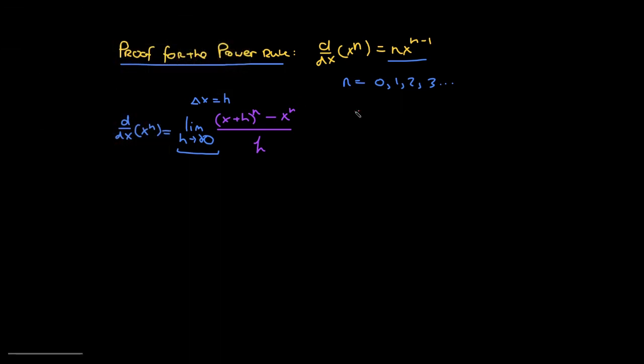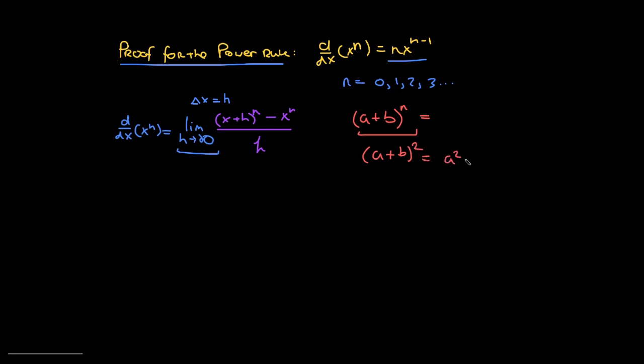The binomial theorem is a way to systematically expand things like this, where you have two terms added or subtracted raised to some n power. You can do this with a plus b squared.